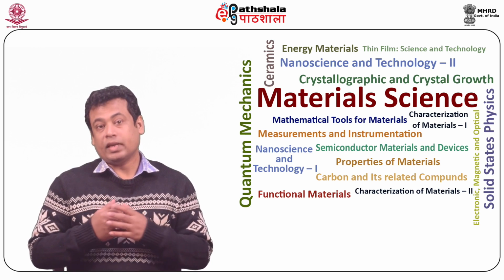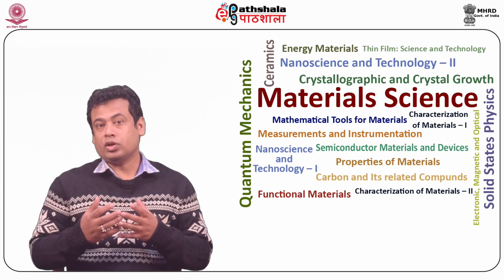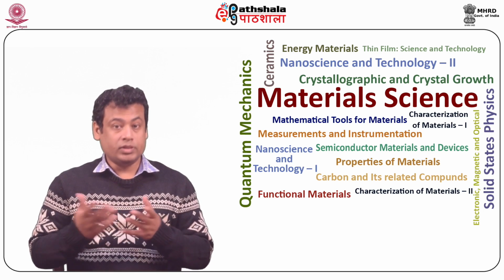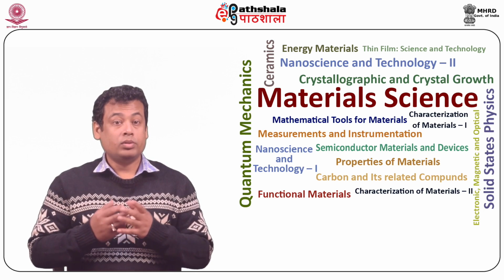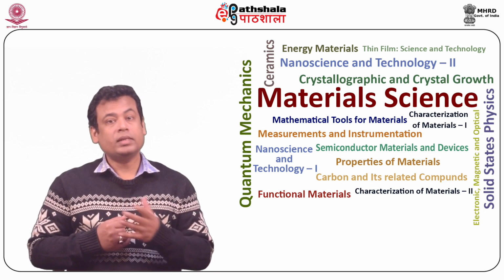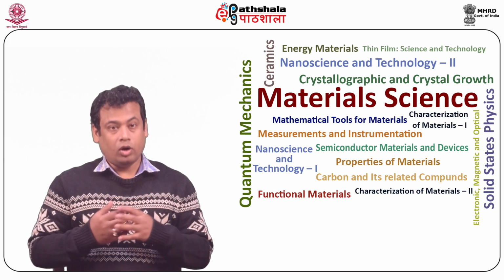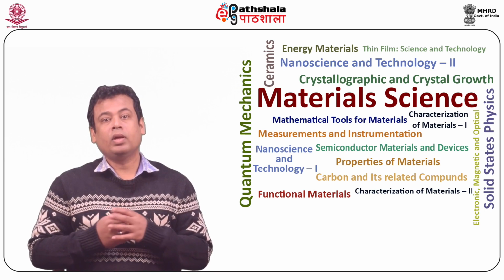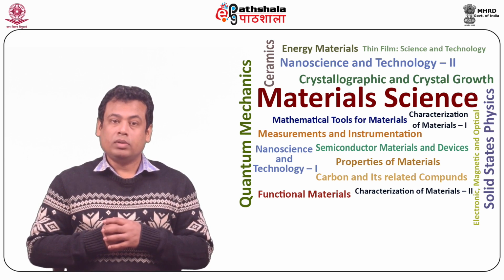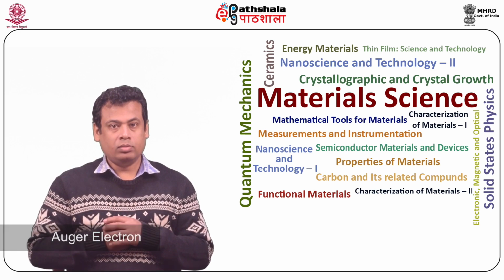As there is a transition of an electron from a higher orbit to a lower orbit, energy is released. This energy might eject another electron from its orbit instead of emitting a photon. This electron is called an Auger electron.